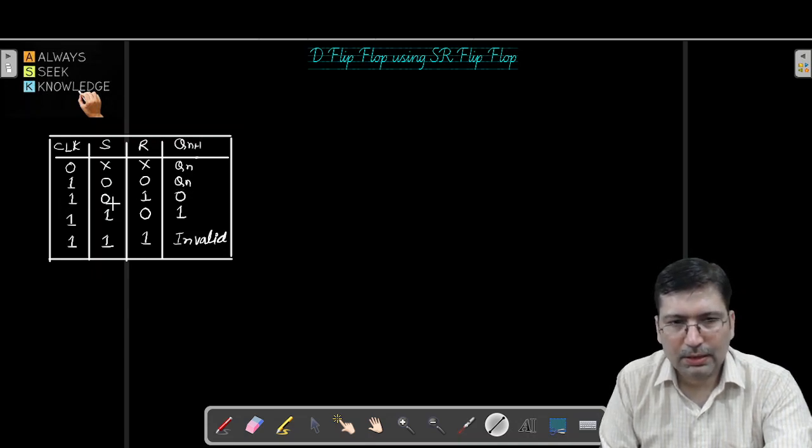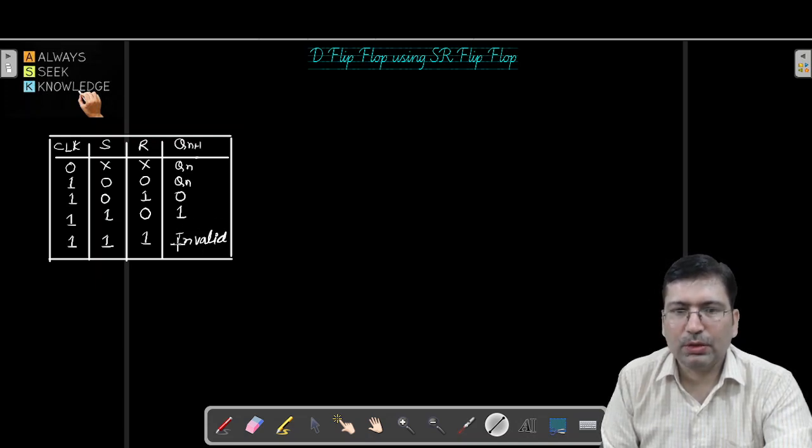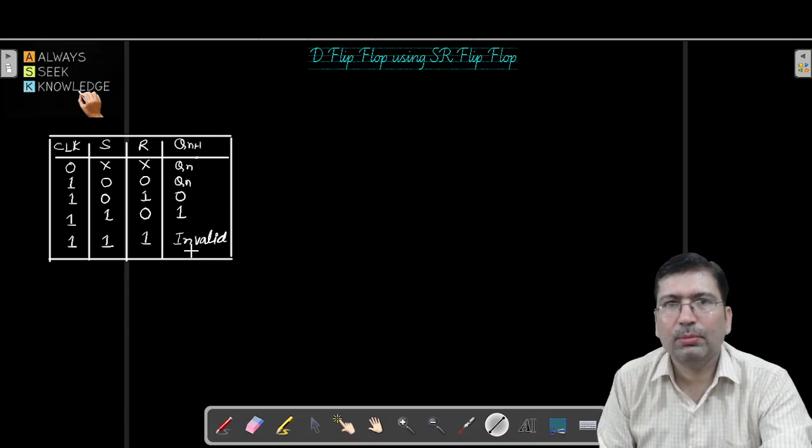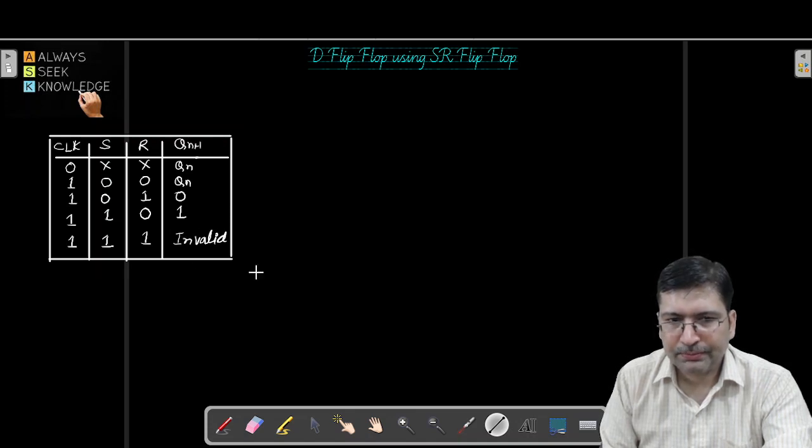If clock is high and R is high but S is low, it will generate 0. And if clock is high, S is high and R is low, it will generate 1. And this last combination is invalid because it will start generating Qn plus 1 and Qn plus 1 bar as the same value. So this is not allowed.